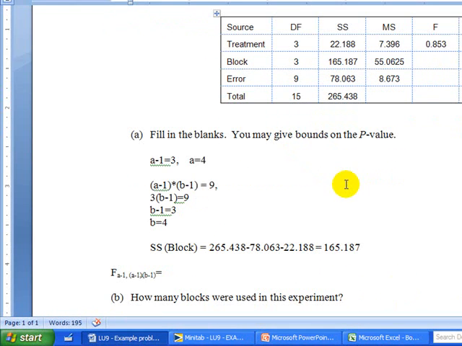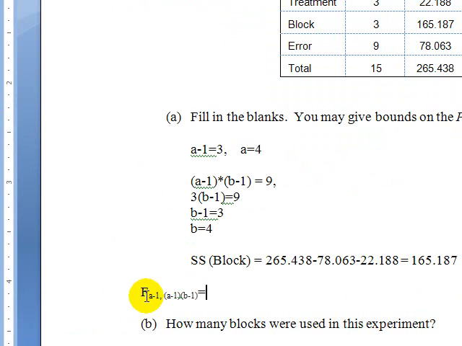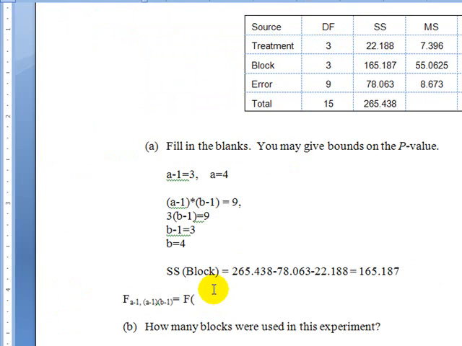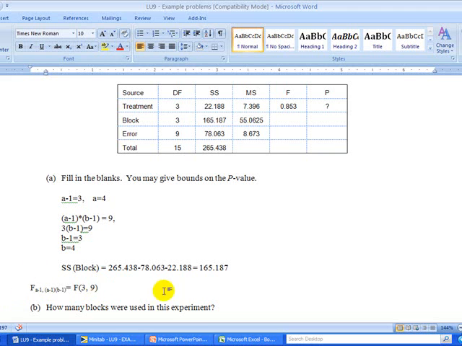So basically this f value is equivalent to f value at a minus 1 numerator degrees of freedom and a minus 1 multiplied by b minus 1, which is 9 denominator degrees of freedom, right? So basically f value at numerator degrees of freedom 3 and denominator degrees of freedom 9, right?